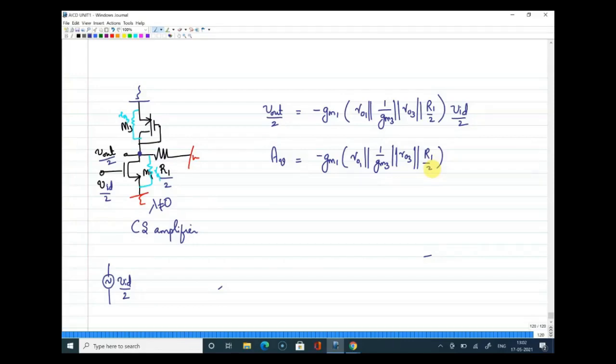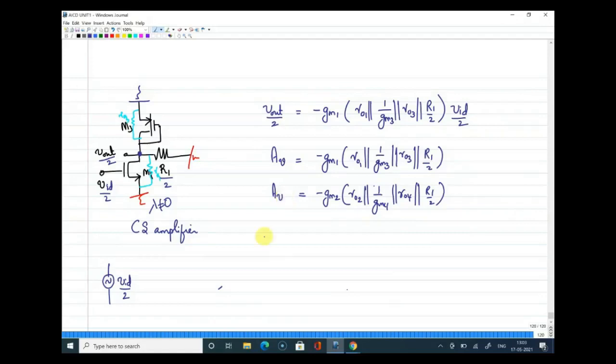Now the gain can also be written as, so now I have written it by considering the left half circuit. The same thing can also be written with respect to the right half circuit. So it is minus GM2 into R02 parallel to 1 by GM4 parallel to R04 parallel to R1 by 2. You can write in either way, since the circuit is symmetric, the values of GM1, GM2, R01, R02, GM3, GM4, all these will be equal.